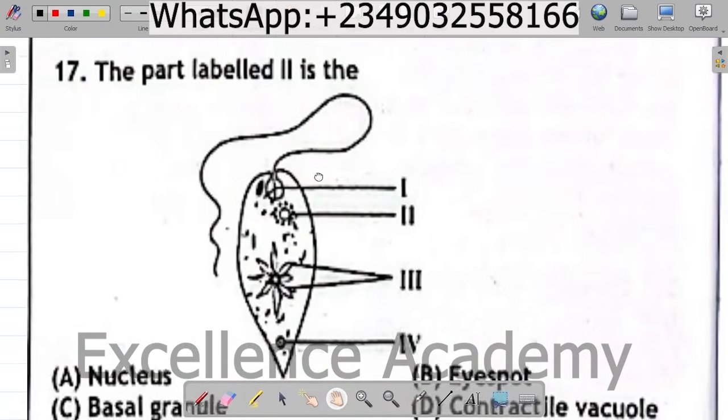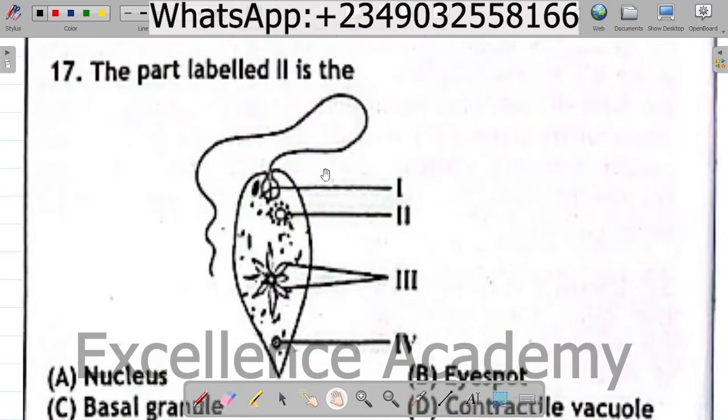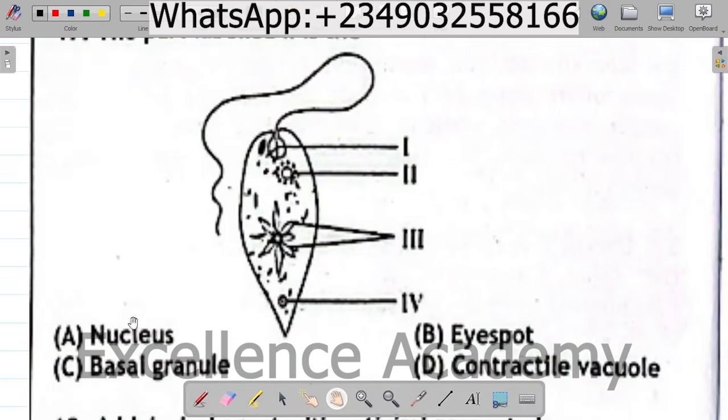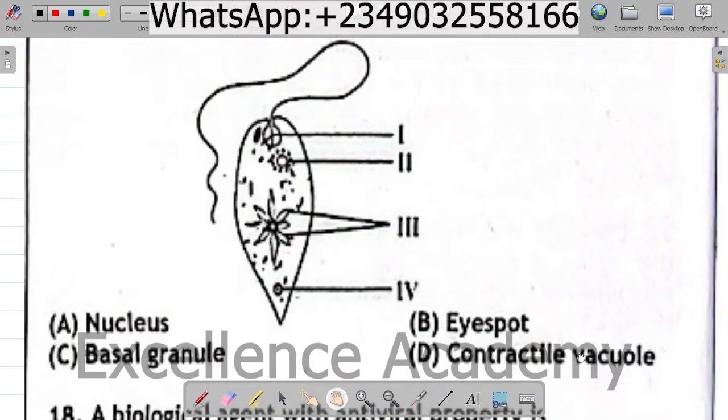Question 17. The part labeled II is the: A. Nucleus. B. Eye spot. C. Basal granule. D. Contractile vacuole. The correct option is D. Contractile vacuole.